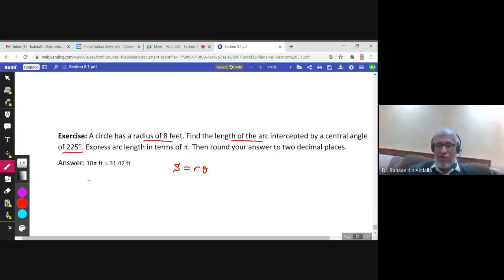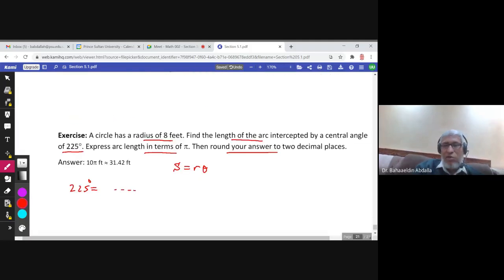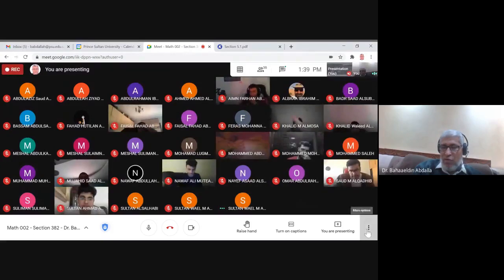So first you have to change theta from 225 degrees to radian measure, and then you put it in this formula, and you find the arc length first in terms of pi, and then by rounding your answer to 2 decimal places.